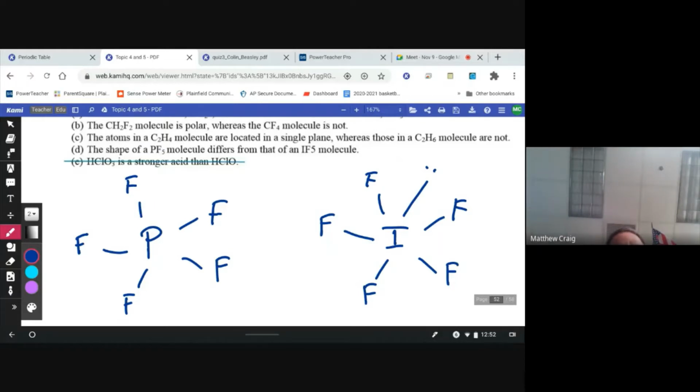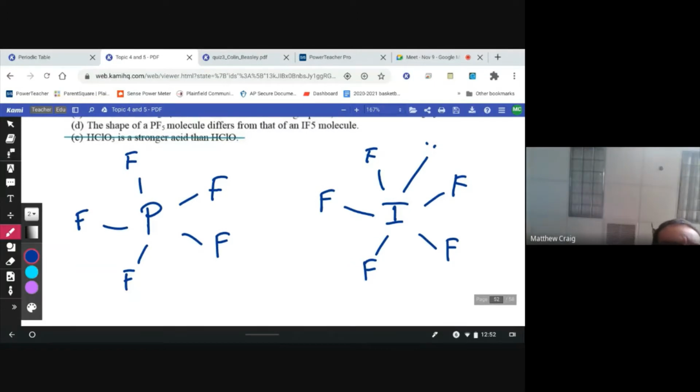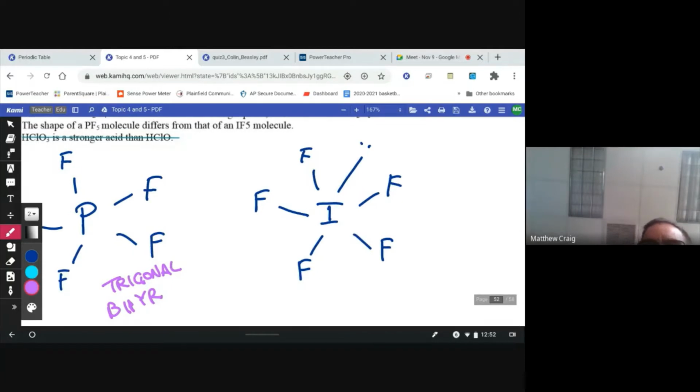So the shape of PF5. What is this shape? Trigonal bipyramidal. And what is the shape of the IF5? Square pyramidal. Nice.